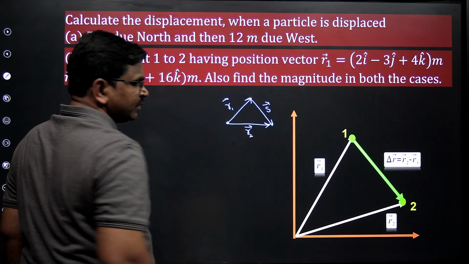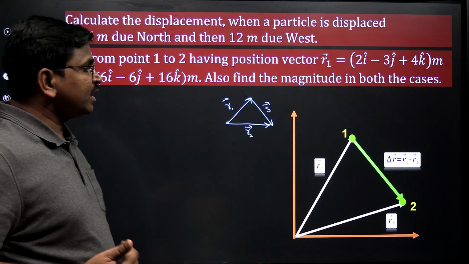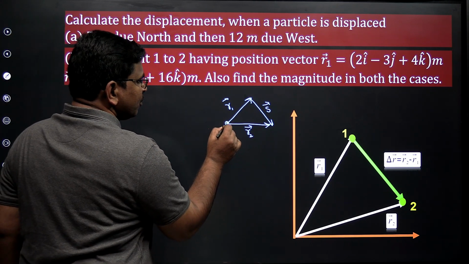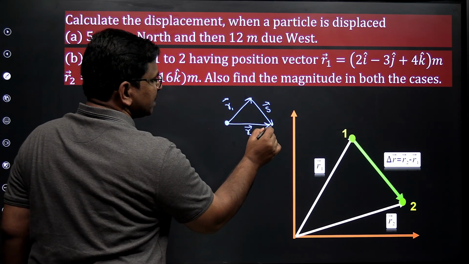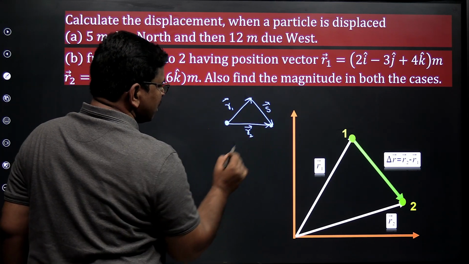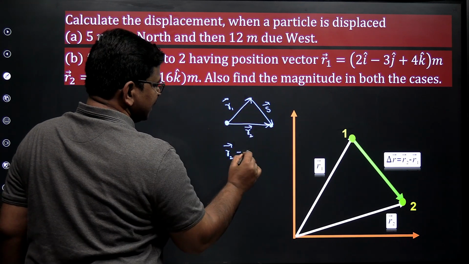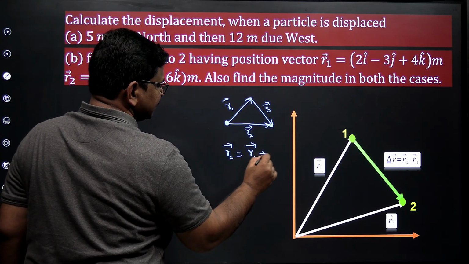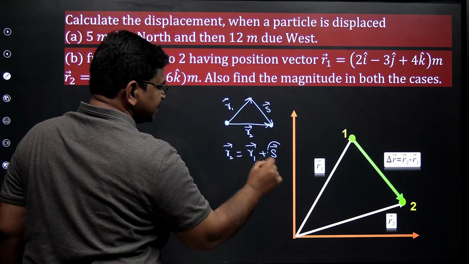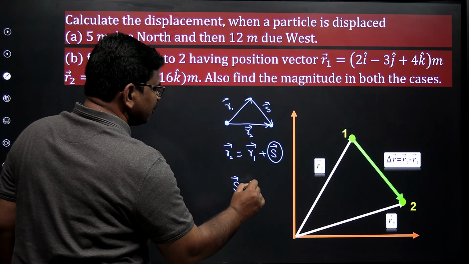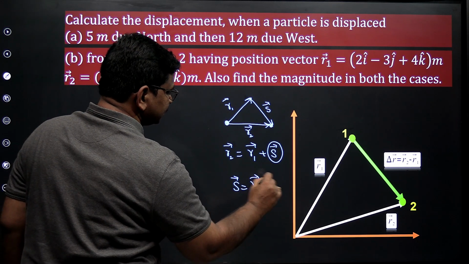According to the triangle law of vector addition, identify the co-initial point, this one, and the co-terminal point, this one. So R2 equals R1 plus S, R1 plus the shortest path S. I want this S actually, so I can write S equals R2 minus R1.